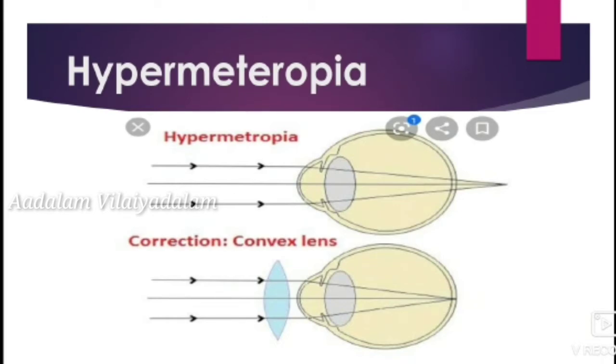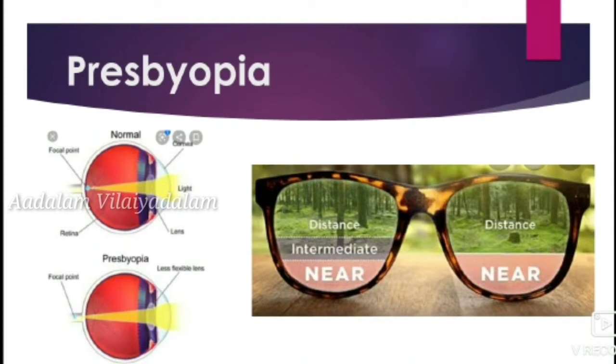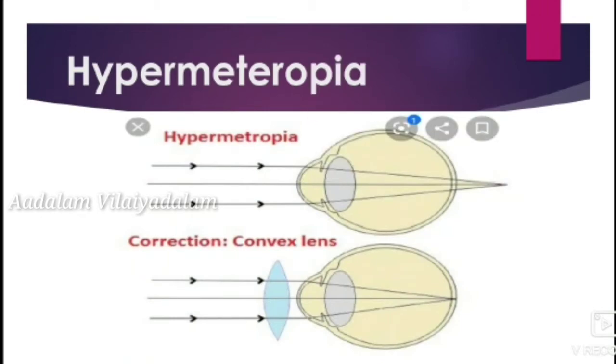How is it formed? The focal length of the eye lens is increased. That means the distance between the eye lens and retina decreases. Then the image of objects is formed behind the retina.